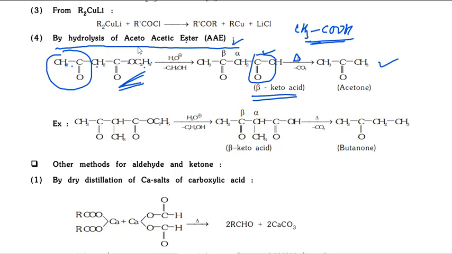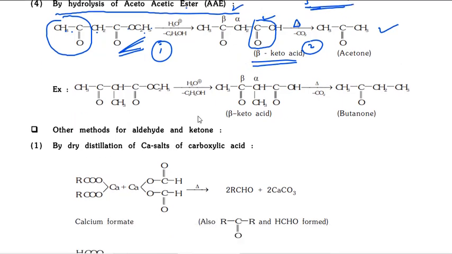Finally, from acetoacetic ester we are getting ketones. What are we doing? Two steps. One is hydrolysis, the second one is heating. So always in chemistry, whenever you see beta keto acids, by heating they will liberate carbon dioxide. The COOH group is releasing carbon dioxide.